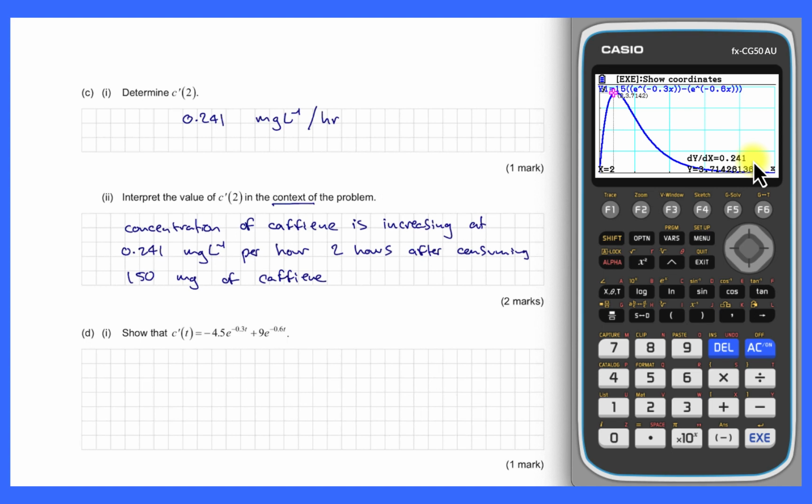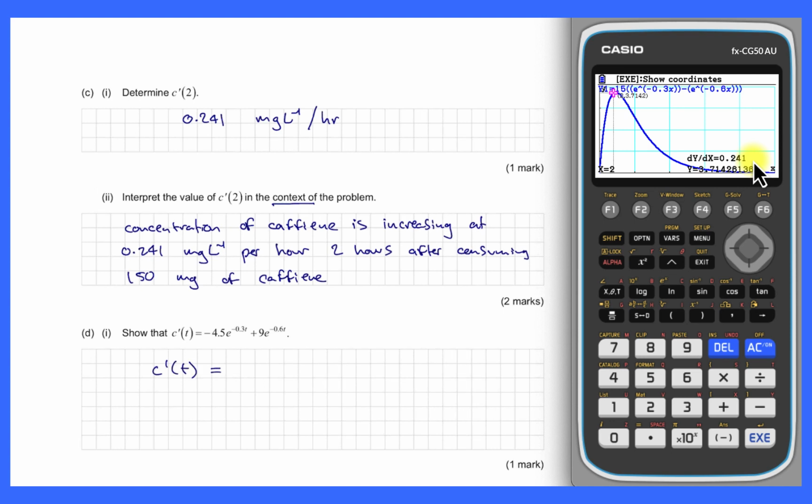Okay, now we've got some calculus. We're asked to show that the derivative is the function given, and obviously, it's a show, so we need to make sure we're quite clear with our working that's going to lead us to that result. So this is a chance to use just some straightforward differentiation, power law type job.